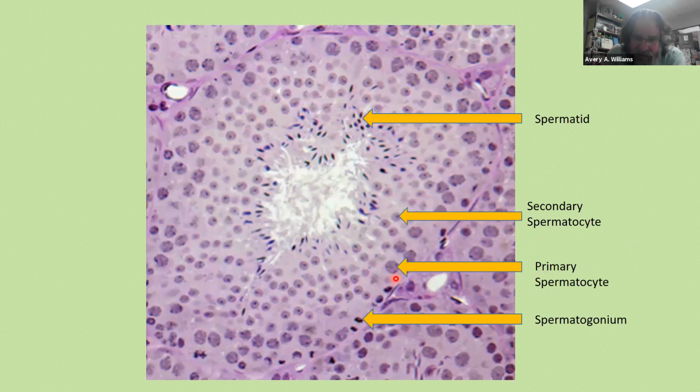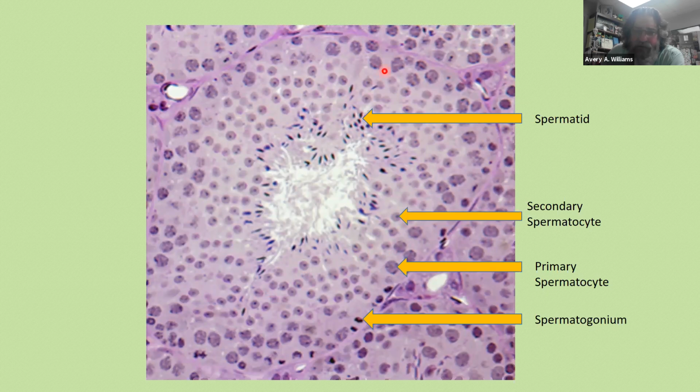You can recognize secondary spermatocytes in your slide because they're the most numerous, and they're right here in the middle of the seminiferous tubule. You look at these cells right here, see them? Everywhere. They all look the same. They're all about half the size of this one, okay? From here to here, all these cells are secondary spermatocytes, and they all look pretty much the same.